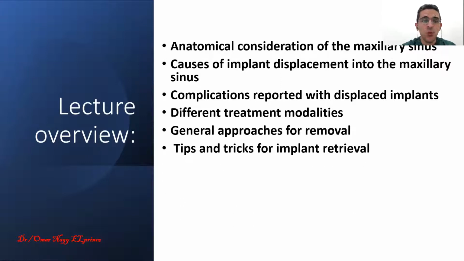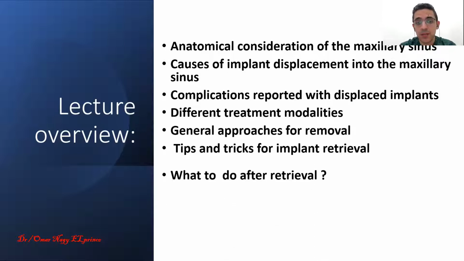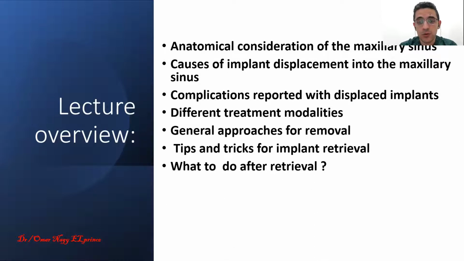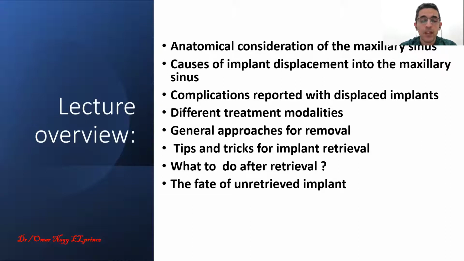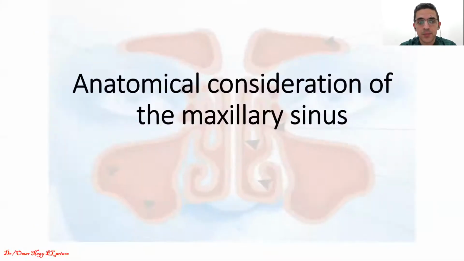And we will talk about the core of our lecture today: tips and tricks for implant retrieval and what to do after retrieval. And finally we will answer the question of the fate of an unretrieved implant. If we just leave the implant there in the sinus, what will be its fate?